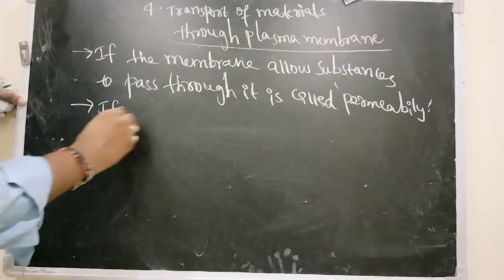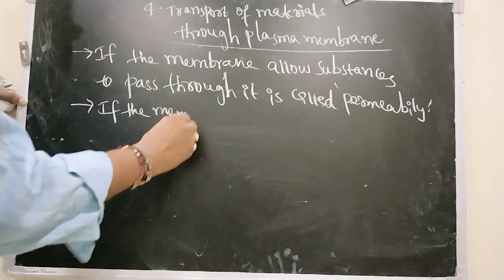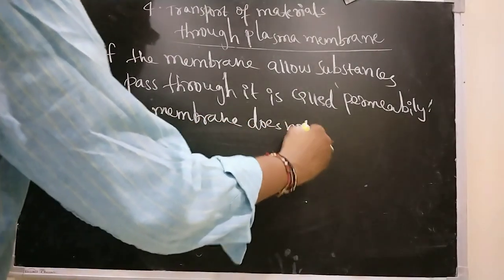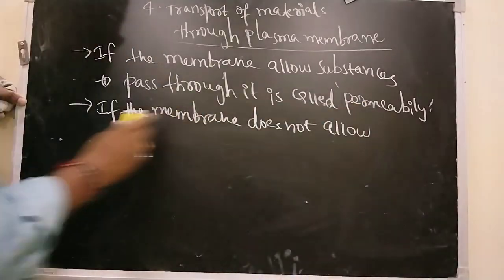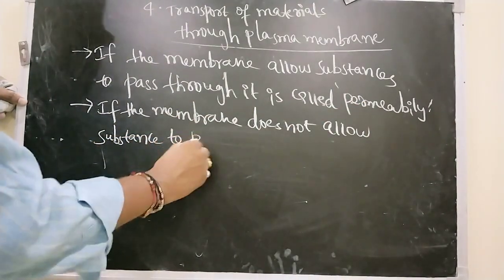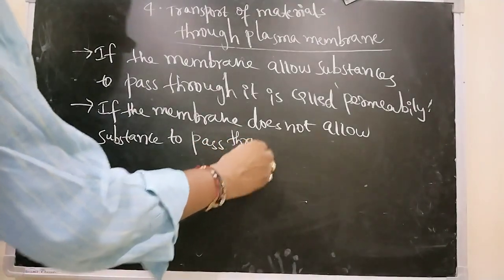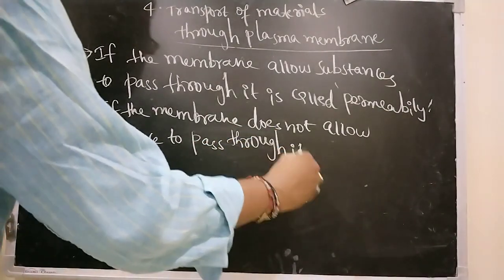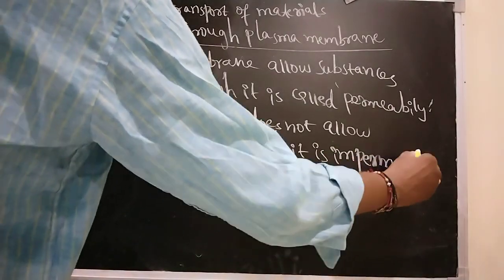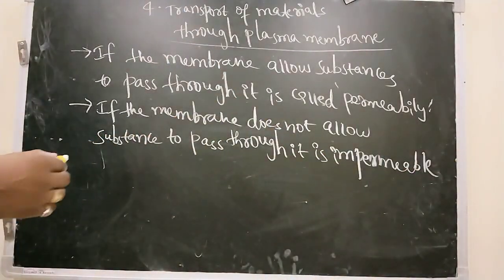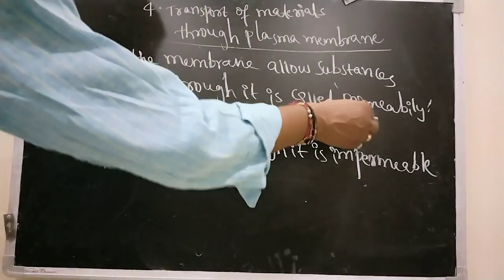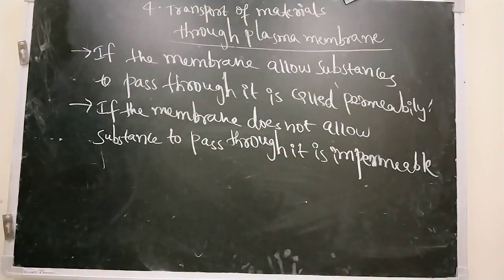If the membrane does not allow substances to pass through it, it is impermeable. So if substances are allowed through the membrane, it is called permeability. If they are not allowed, it is called impermeability.